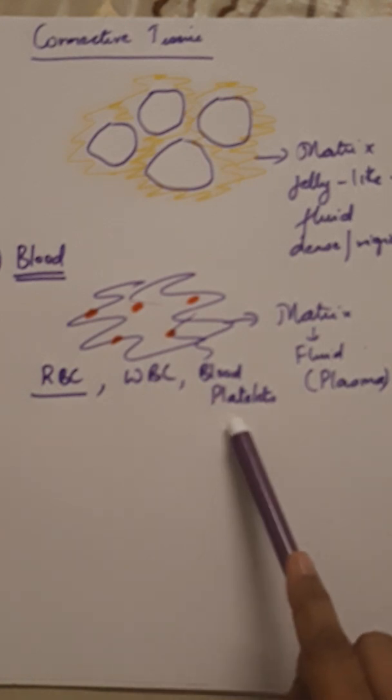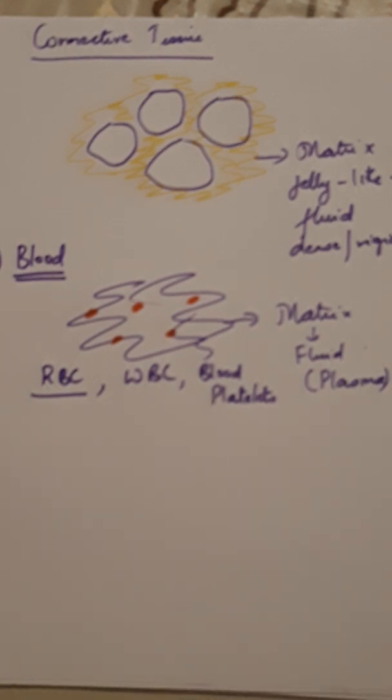And then you have blood platelets, which are cells that help in clotting of blood. Whenever you get a cut or a wound, these platelets form a clot at the site of that cut or wound, and they prevent further loss of blood, because if you keep on losing blood, your blood pressure can drop, and then you can even die. So these blood platelets help in clotting of blood.